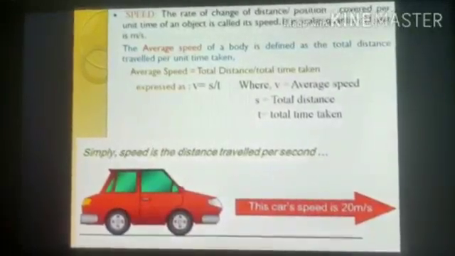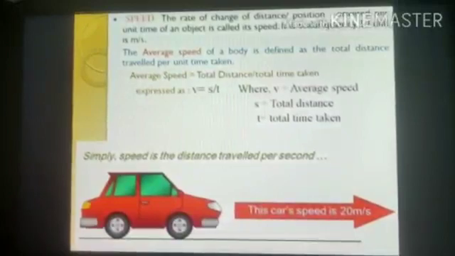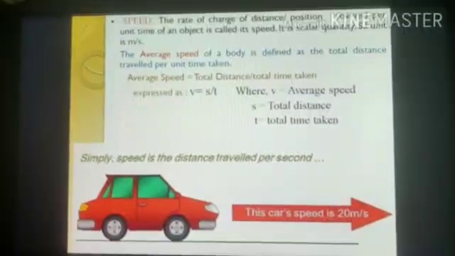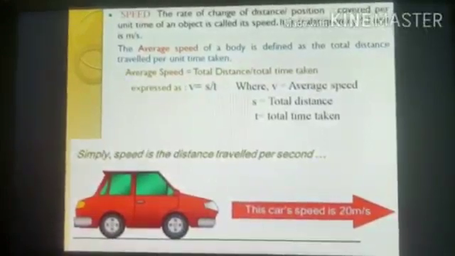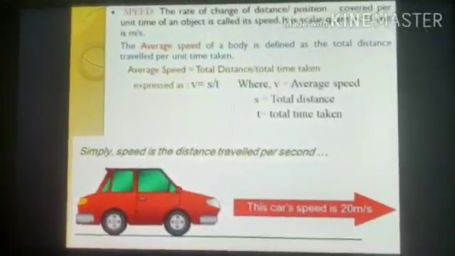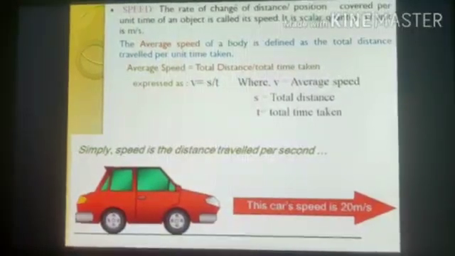What do you mean by average speed? Average speed of a body is defined as the total distance traveled per unit time. Average speed equal to total distance upon total time taken.